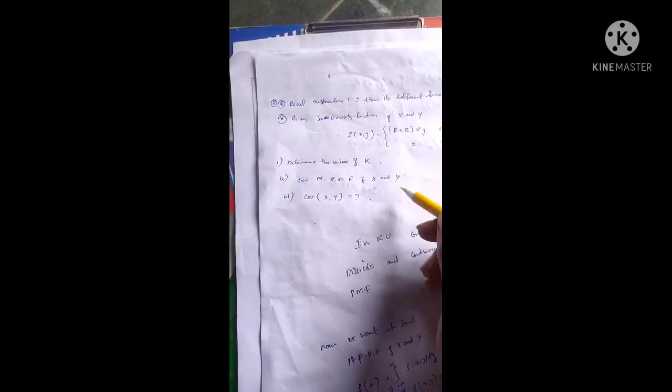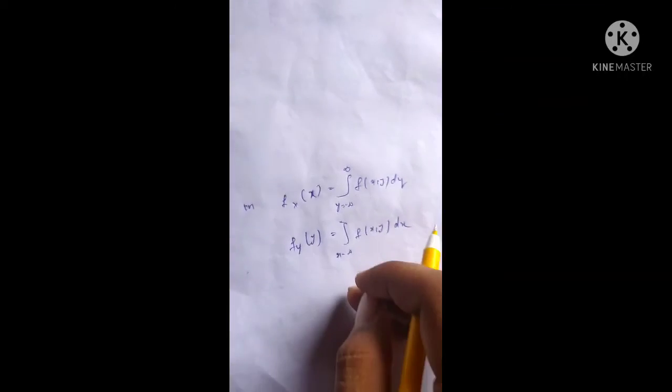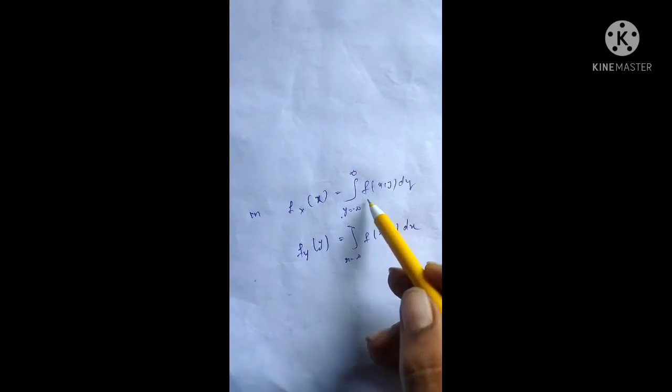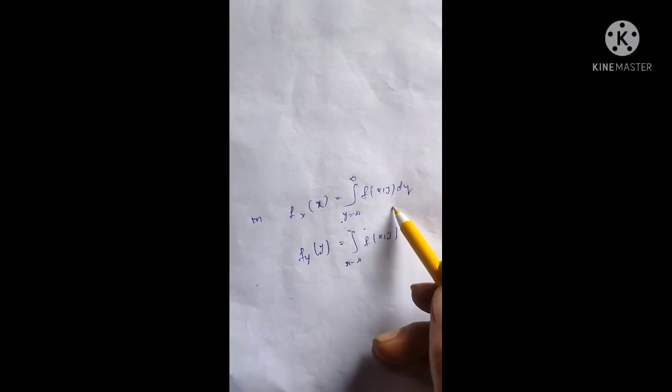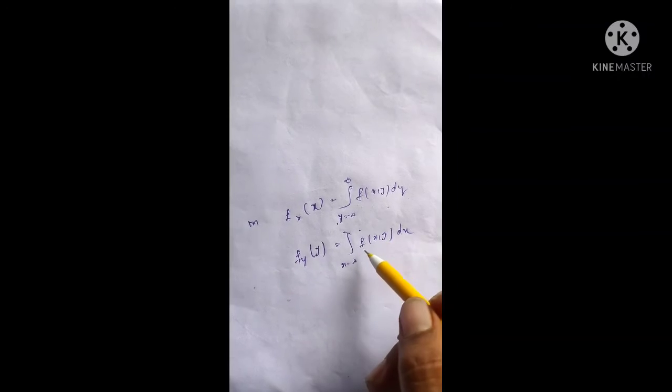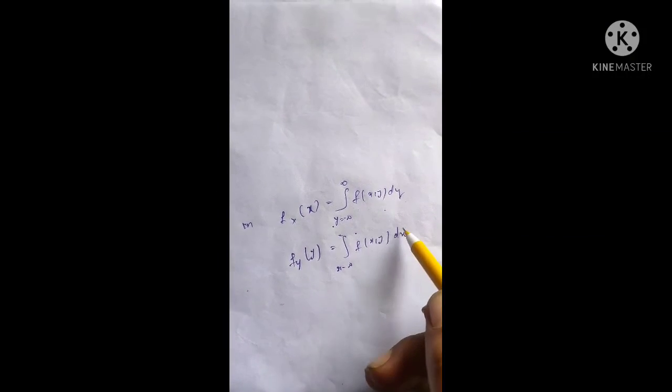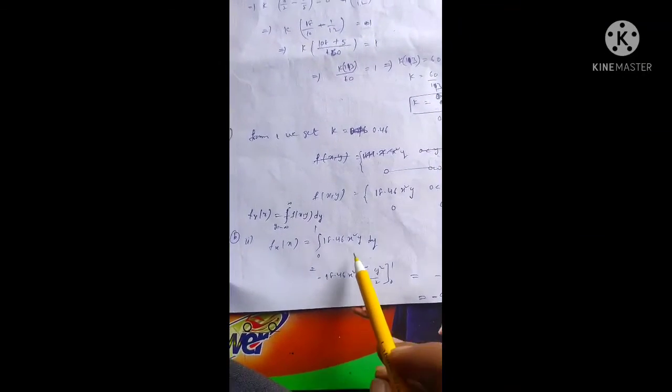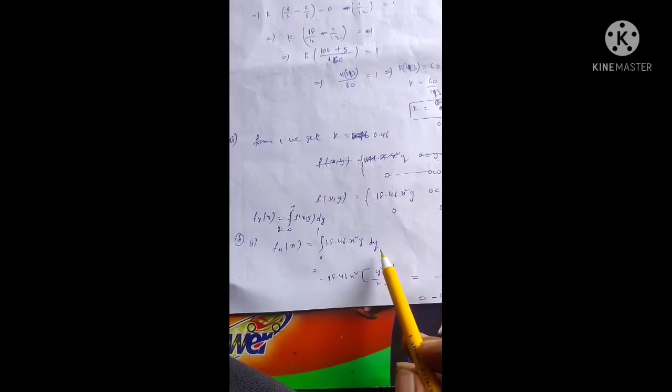Now we find the marginal probability density functions of x and y. In the marginal probability density function, we want to find fX of x, the integration with respect to y of f of x comma y dy, and fY of y, the integration with respect to x of f of x comma y dx. Here our f of xy function is 18.46 x square y.